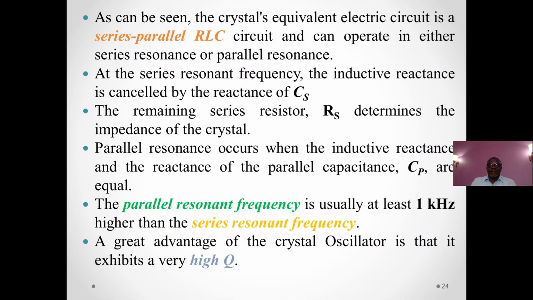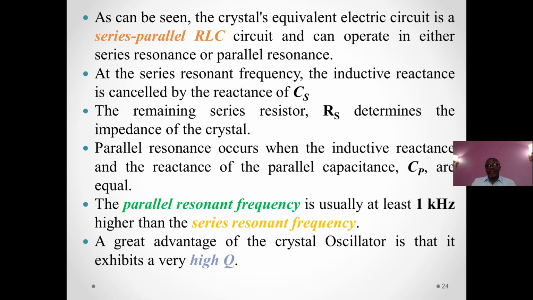As can be seen, the crystal equivalent circuit is a series parallel RLC circuit and can operate in either series resonance or parallel resonance. At the series resonance frequency, the inductive reactance is cancelled by the reactance of CS.